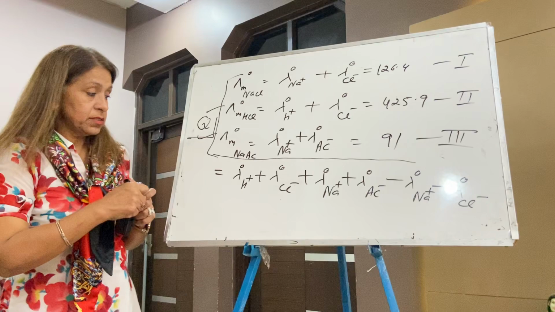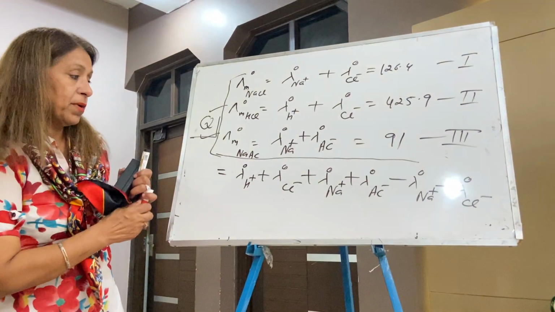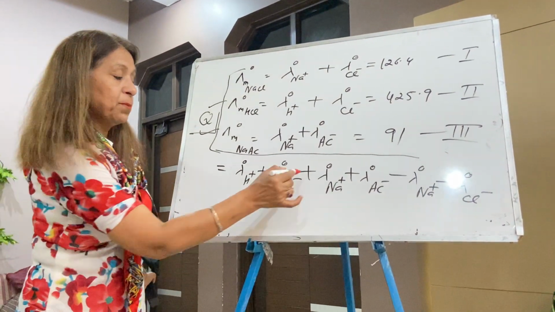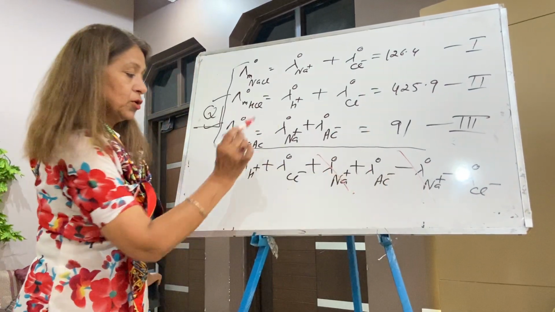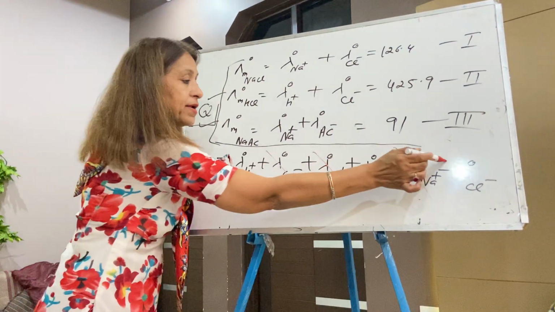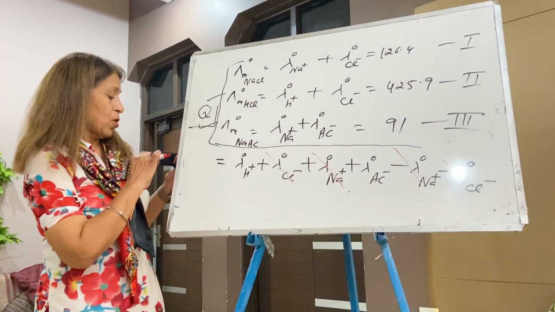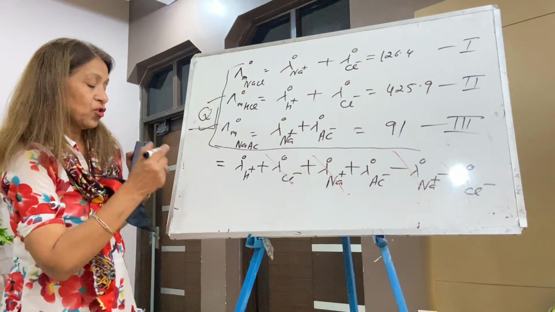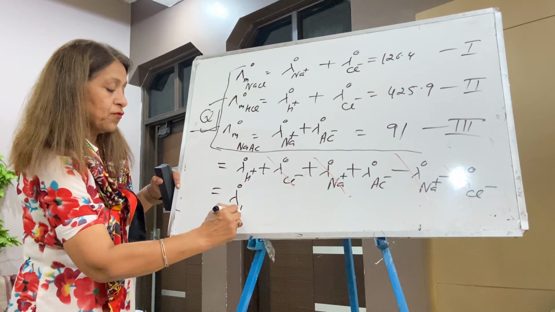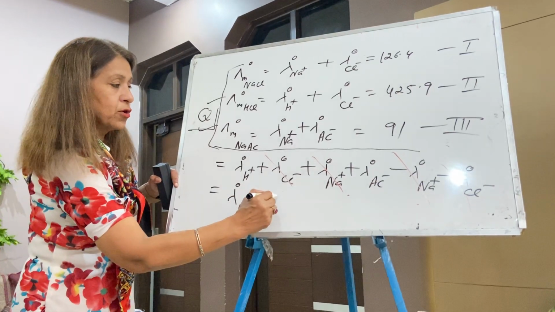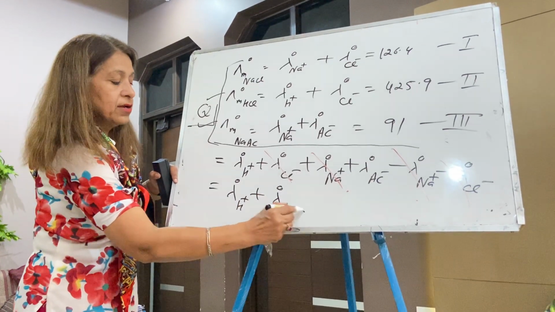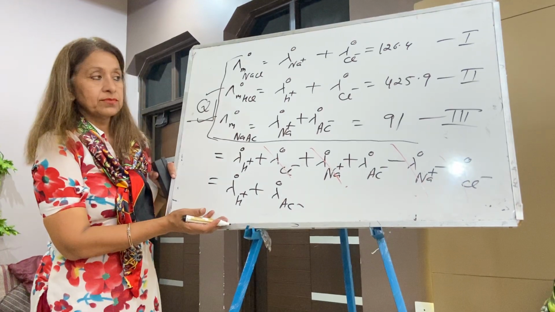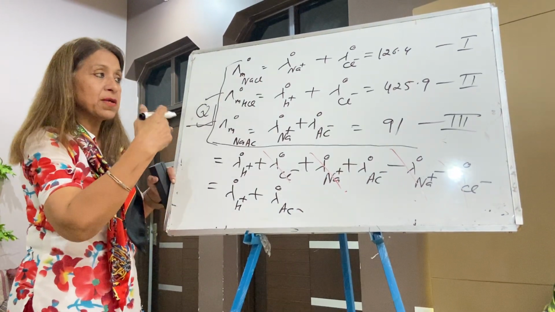Cancel the common ions: sodium plus and minus, chloride plus and minus. By cancelling the common ions, what is left is lambda naught of H ion plus lambda naught of acetate ion, and this is your aim.